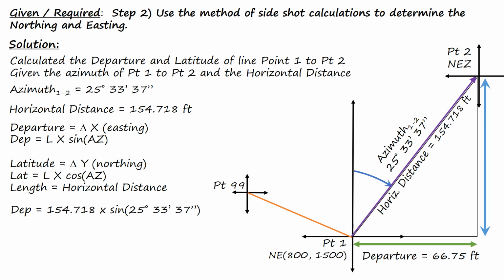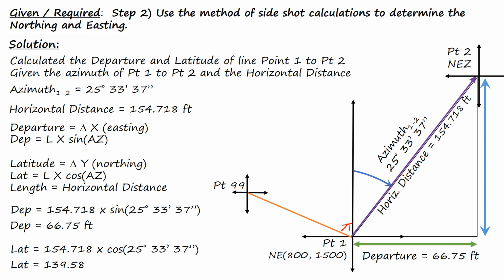And notice, just based on the picture, I am sitting here with my instrument and I am looking to the northeast. That means I'm going east and then north. And the latitude is 154.71 times cosine of the azimuth of 25 degrees, 33 minutes, and 37 seconds. So its latitude, the change in y, or the northing, is 139.58 feet.